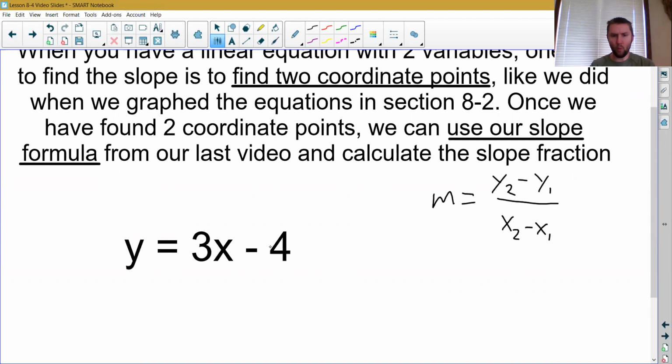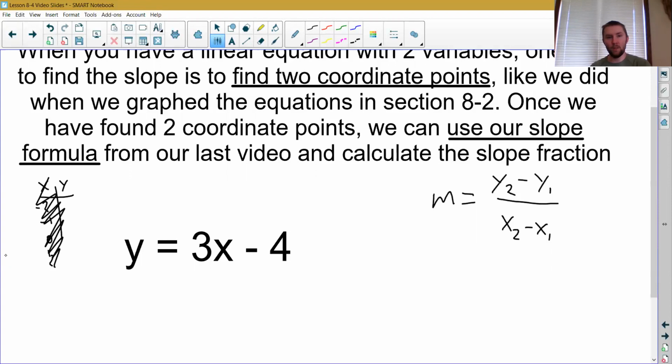So we looked at previously finding coordinate points for linear equations when we looked at graphing them. Remember, we made those tables of values, with x values here and y values here, and we did like -2, -1, 0, 1, and 2, and so on. So we're going to do something similar to that, though not exactly like this.